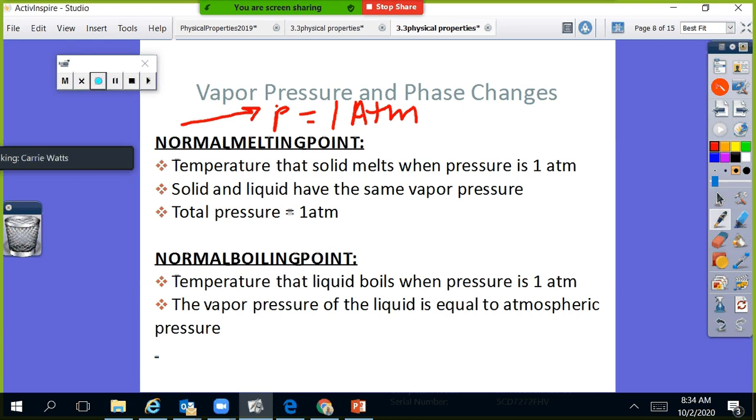It's the temperature at which a solid melts when the pressure is 1 atmosphere. Solid and liquid have the same vapor pressure, and that total pressure is 1 atmosphere. Boiling point is the same idea: the temperature at which a liquid boils when the pressure is 1 atmosphere and the vapor pressure of the liquid is equal to the atmospheric pressure. That's the normal boiling point.